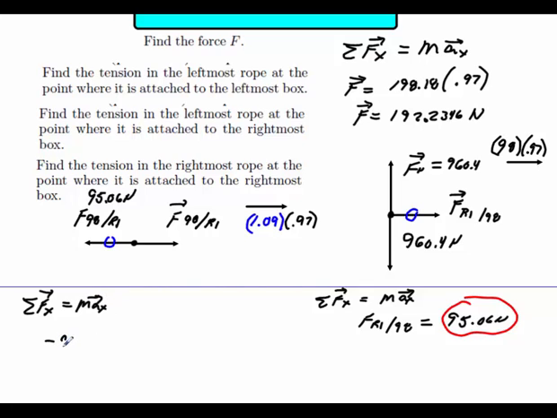I get minus 95.06 plus the force of the 98 onto rope 1 must equal mass times acceleration. 1.09 times 0.97 gives me 1.0573. Add 95.06 to that, and that gives me 96.1173. Alright.